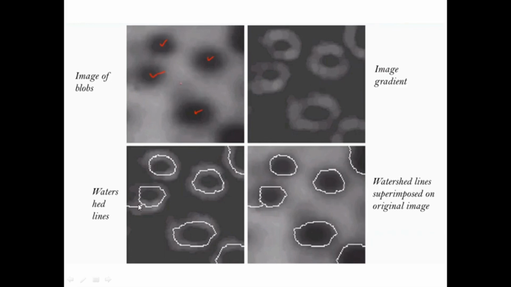Immediately I apply the concept of the watershed algorithm here, and the watershed lines are identified and superimposed on the original image. In this manner the segmentation process can be done.